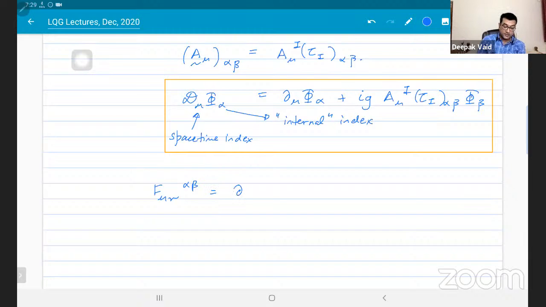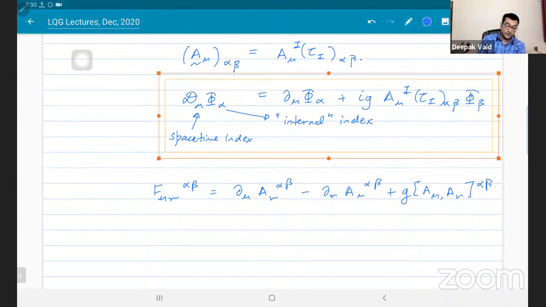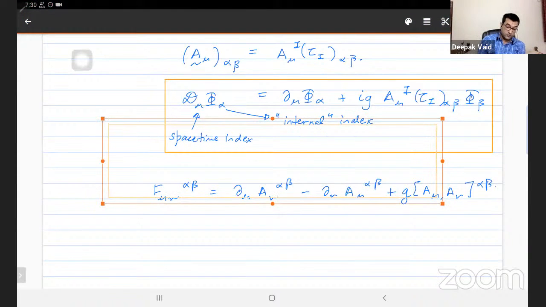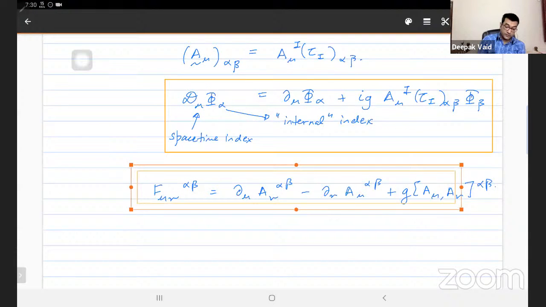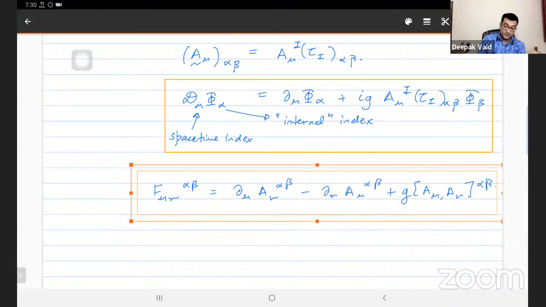So your final expression will look like this: F mu nu alpha beta. This is what your non-abelian field tensor, curvature tensor will look like.